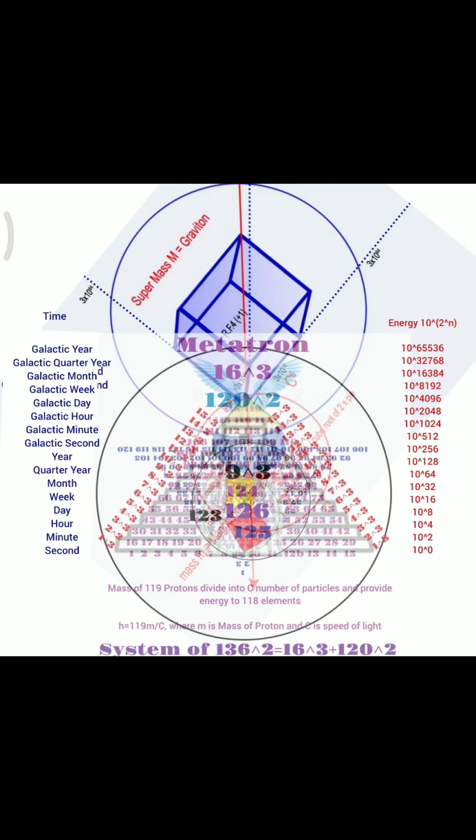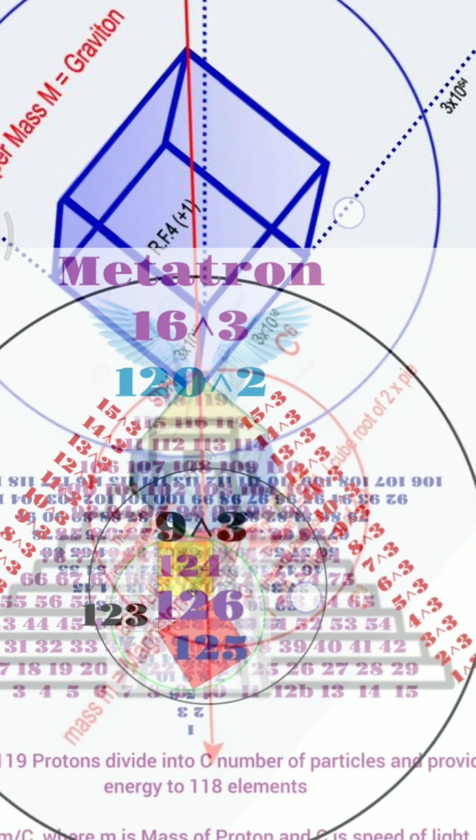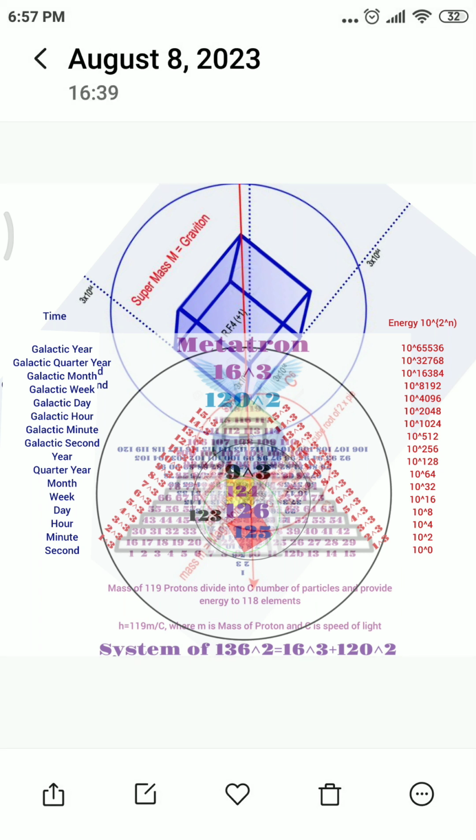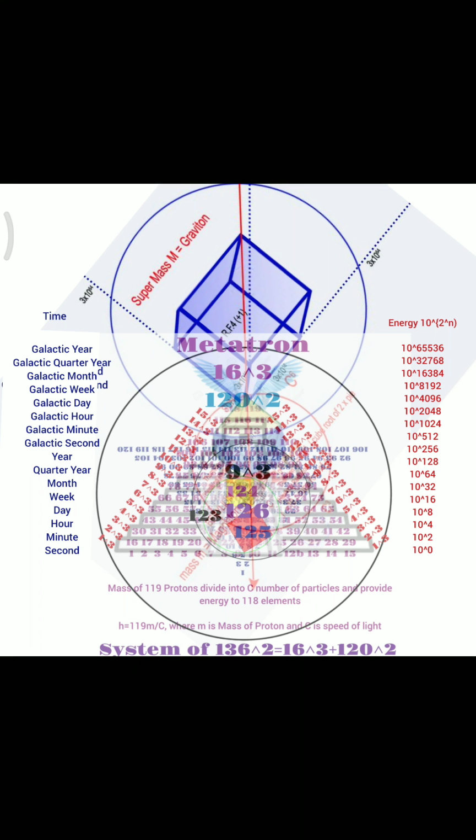Let us also go to the other one. Here I have represented the same figure, and instead of the 16 cube it is represented as a cube, pure energy, and below you have this step pyramid having 118 elements, and here you have 120 squared.